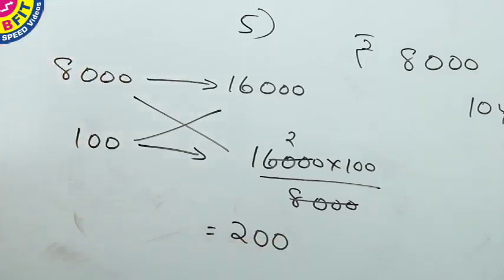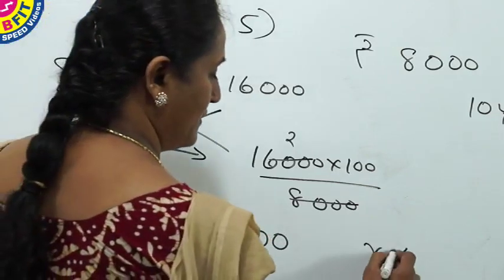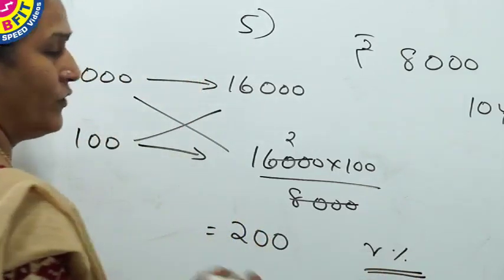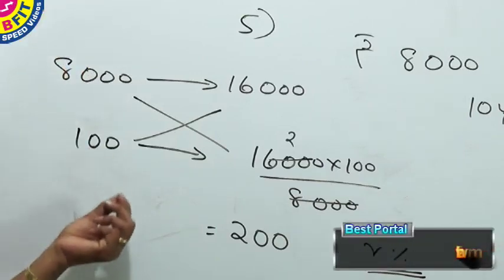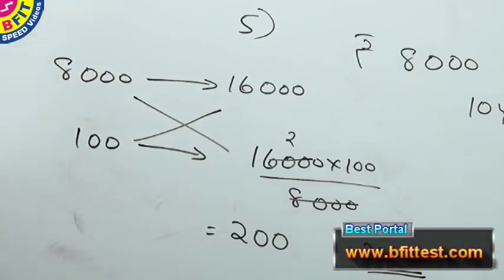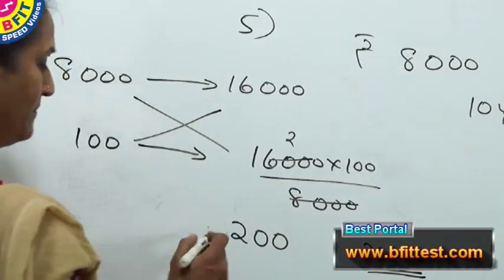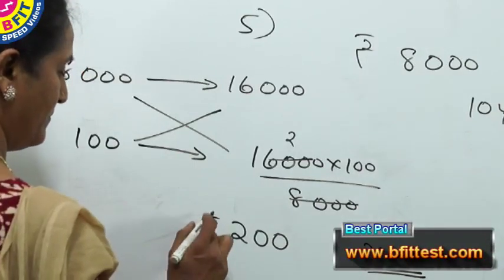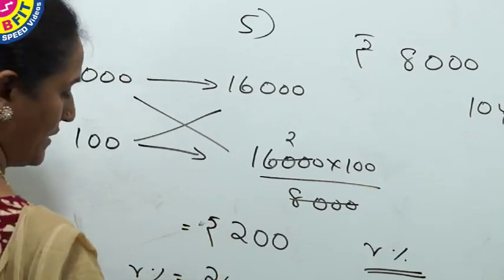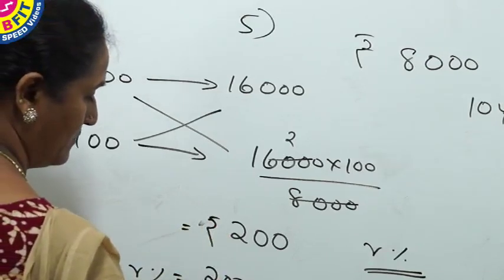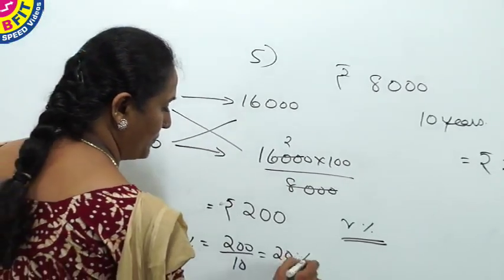So we are asked to find the rate percent. So rate percent is the value which we get for 100 rupees for 1 year. So when we deposit 100 we get 200 rupees for 10 years. So the rate percent, dividing this by 10, is equal to 20%.